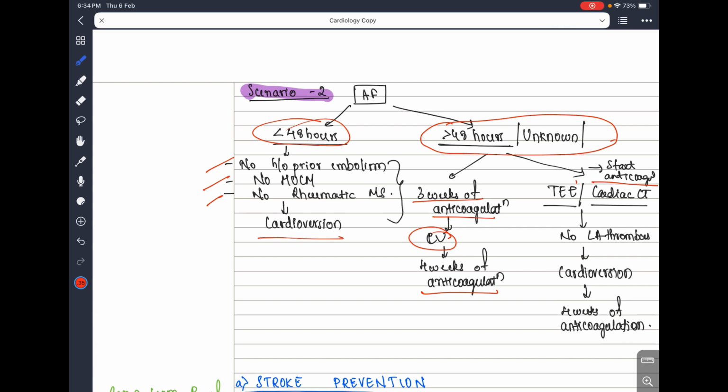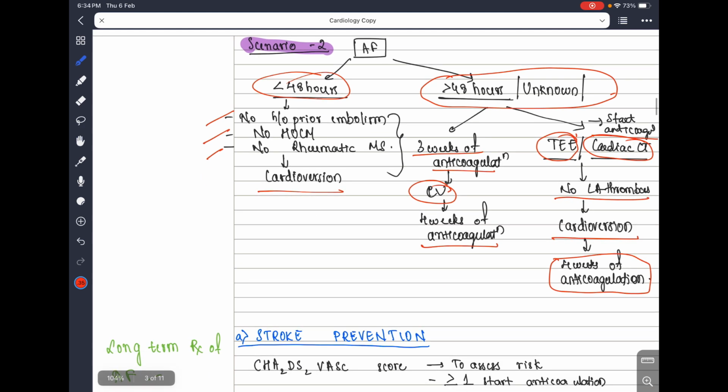Then after starting anticoagulation, you will perform either transesophageal echocardiography or cardiac CT and see if there is thrombus or not. If there is no thrombus in the left atrial appendage, you can do cardioversion and after cardioversion, continue 4 weeks of anticoagulation. This is very, very important.